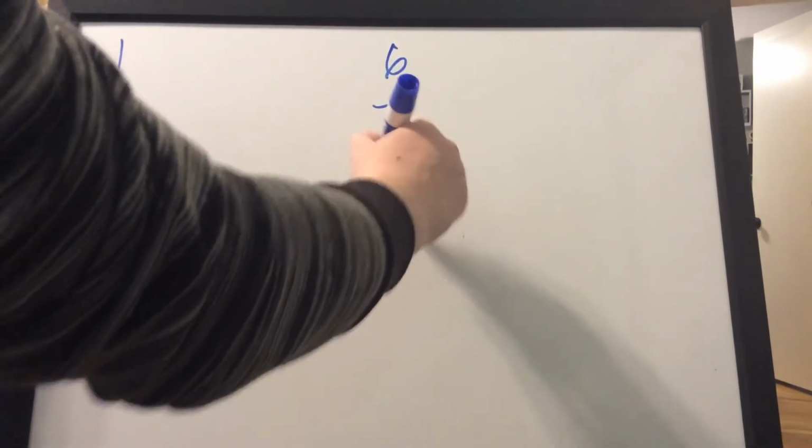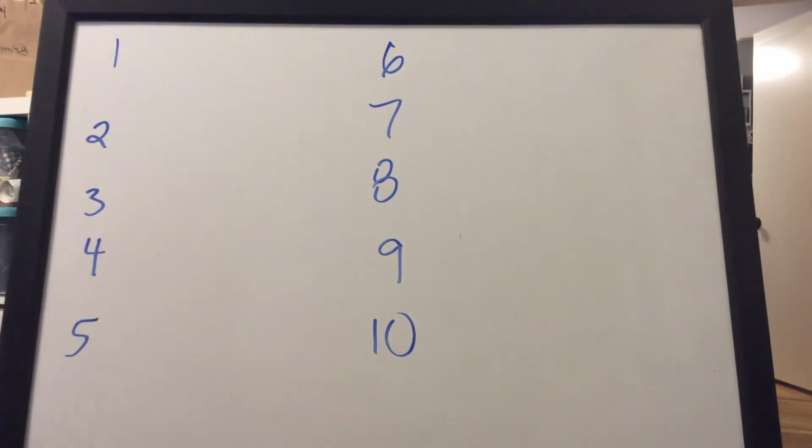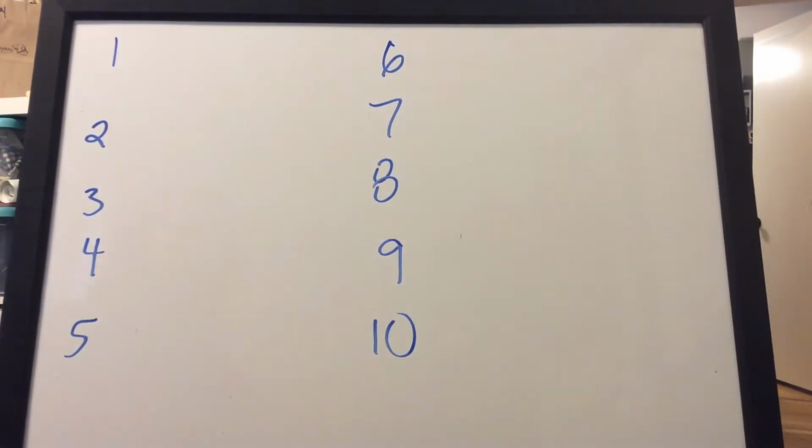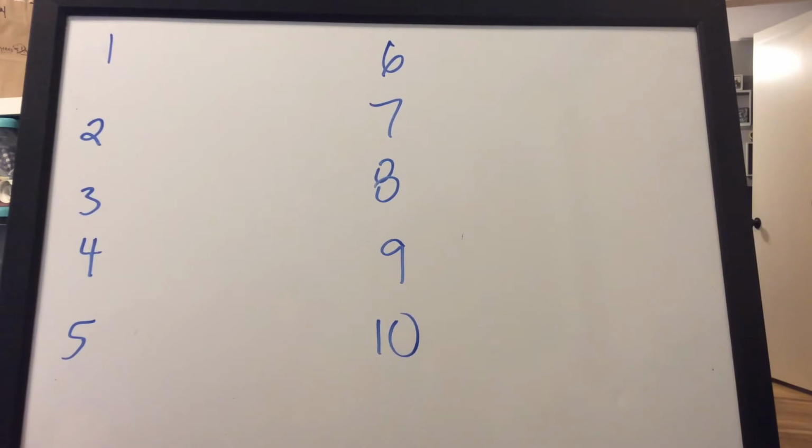Okay, so I'm going to design my chart slightly different, only because I don't want to run out of room. So you're just going to fill in these prefixes in the box. Okay, so there are 10 prefixes that mean the numbers 1 through 10, and most are going to be pretty familiar to you.